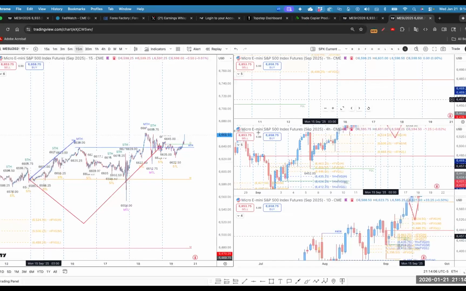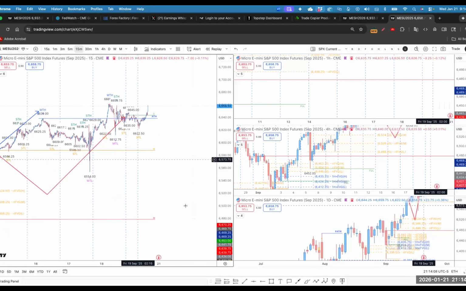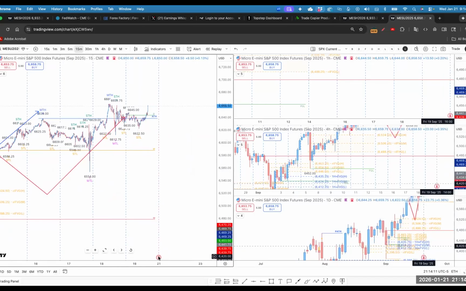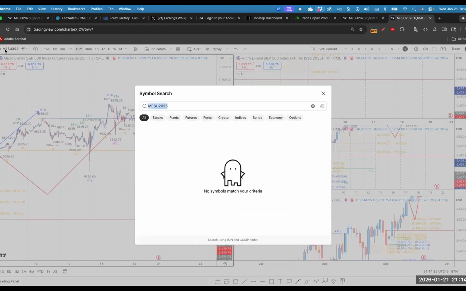On your charts, you'll see this little symbol at the bottom. This will tell you exactly when the contract expired, right? So this is an old contract, right? This expired Friday, September the 19th of 2025. This isn't the current contract.